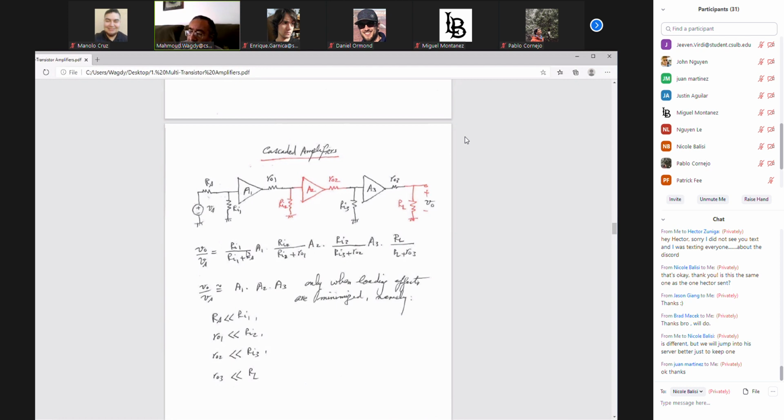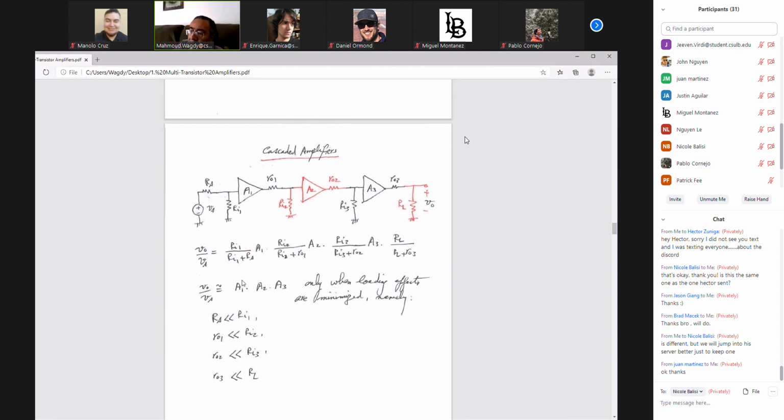In other words, they should be all unity, one. R input 1 divided by R input 1 plus R source should be almost equal to 1. Same here. This should be almost equal to 1.